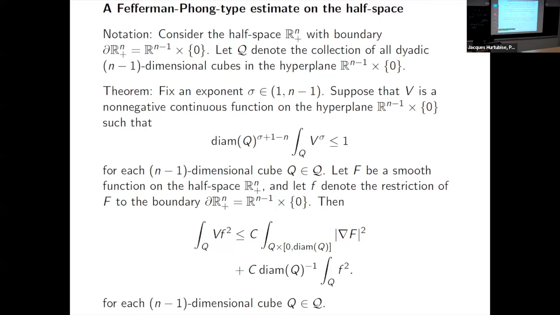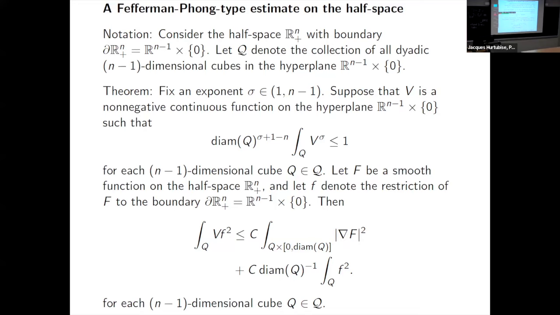Right, now what the analog of the Fefferman and Phong estimate in this setting tells us is that if you have a potential that's defined on the boundary and is non-negative, and if it has Morrey norm at most 1, in the sense that these integrals over cubes satisfy this estimate for every (n-1)-dimensional cube, then, if you have any smooth function on the half space, you get this estimate where you can estimate a potential term in terms of basically an H^1 Sobolev norm over the inside.